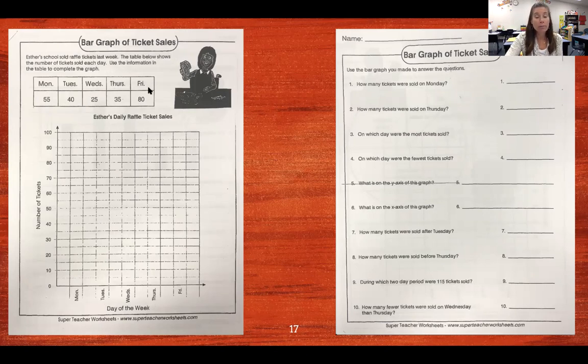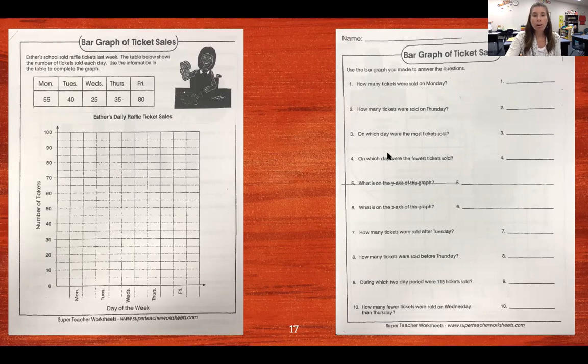Thursday, 35, and Friday, 80. Okay, use your ruler to make it nice and straight and neat. And if you want to use 5 different colors and make the bars of the graph beautiful, you're totally welcome to do that. In fact, that's pretty cool.